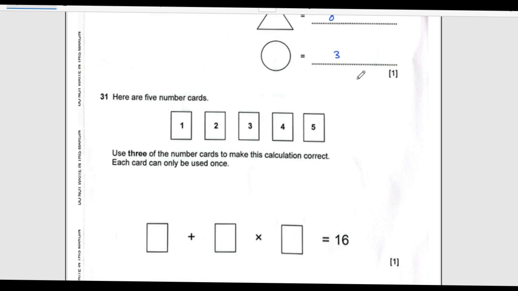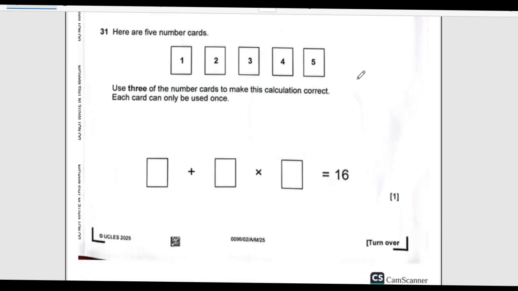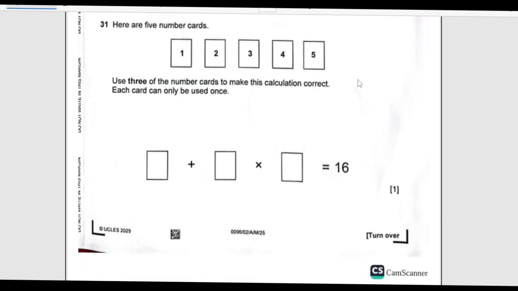Okay. Now, number 31, here are 5 number cards. You see these number cards, use 3 of the number cards to make this calculation correct. So, it is 16, right. So, 16 can be split into 4 times 4, right. So, then this 4, if I write 4 here, this 4 should be split, like I can write it 1 plus 3, right. 3 plus 1 then times 4.